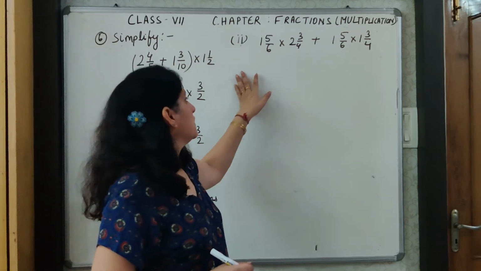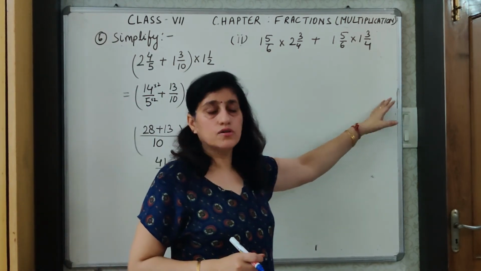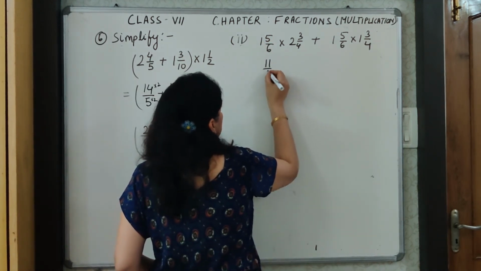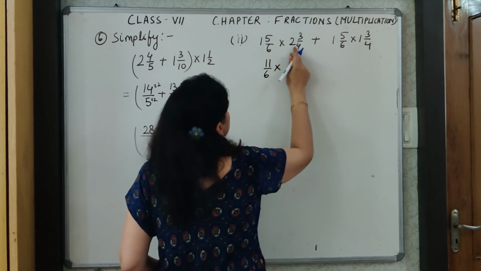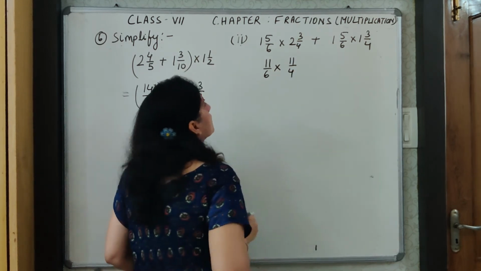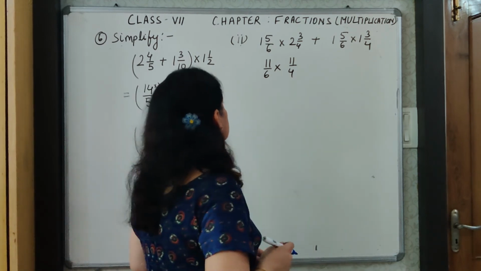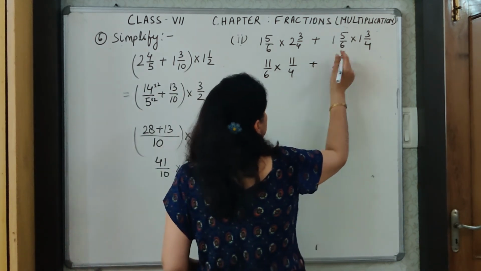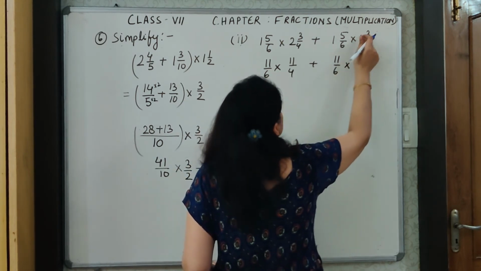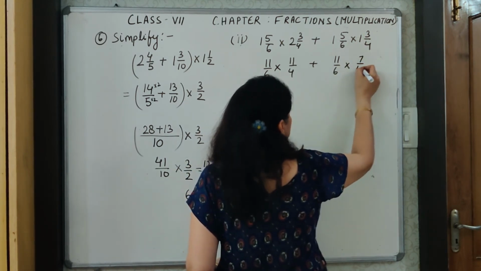But for the time being, let me take it simply with you. So here 6 1s are 6 and 5, 11 upon 6, into 4 2s are 8 and 3, 11 upon 4. Plus 11 upon 6, into 4 ones are 4, 5, 6, 7 upon 4.